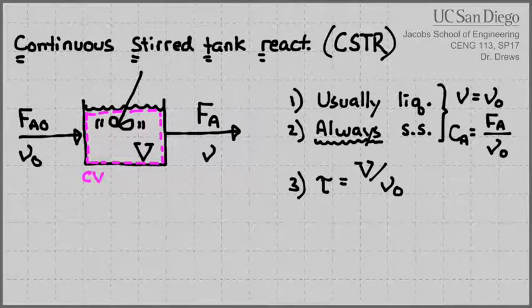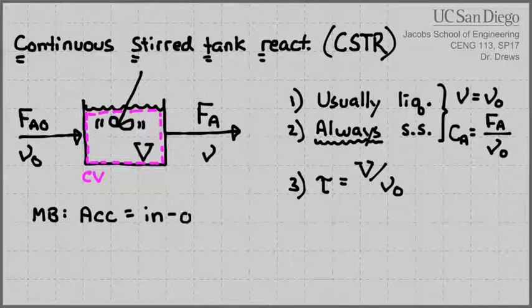Our material balance on a control volume like that is the same one we know and love at this point: accumulation is in minus out plus generation. Again, the consumption term is sitting inside there. Consumption is negative generation, so we don't really worry about that. It is always going to be at steady state, so we don't have to worry about that either. So we end up with 0.